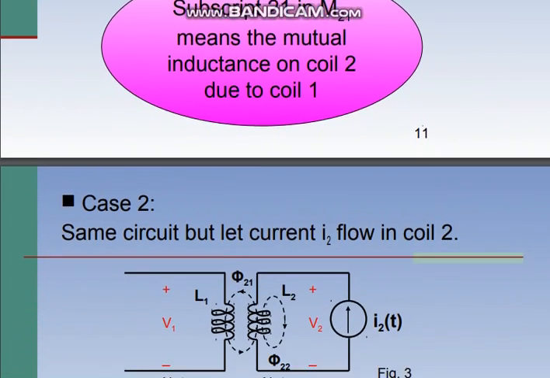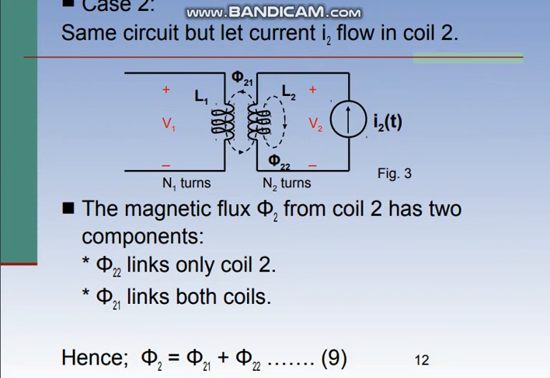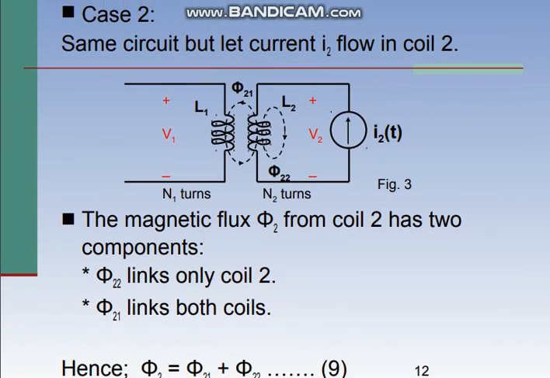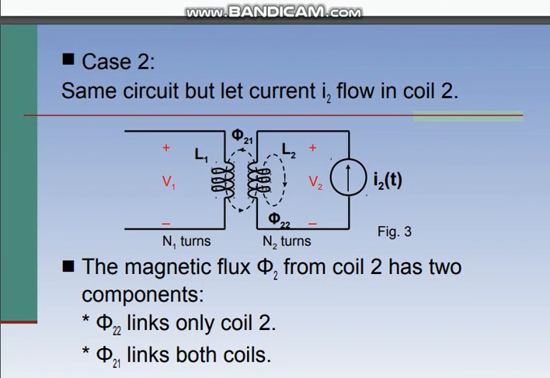So again, in case 2, previously we had a case 1, but there is still a case 2, the same circuit, but now let current I2 flow in coil 2. The V1 is open now, and the current I2 is now started, on an open circuit.